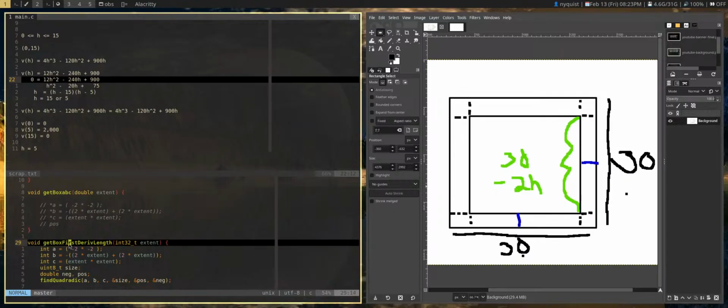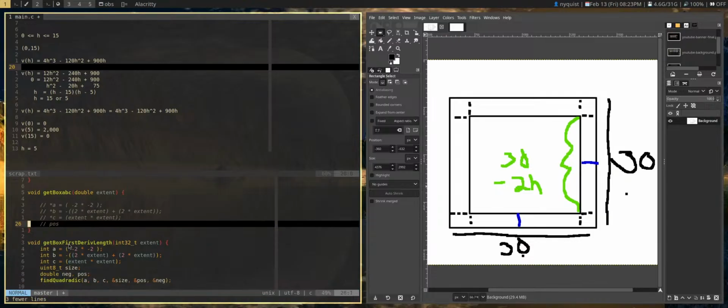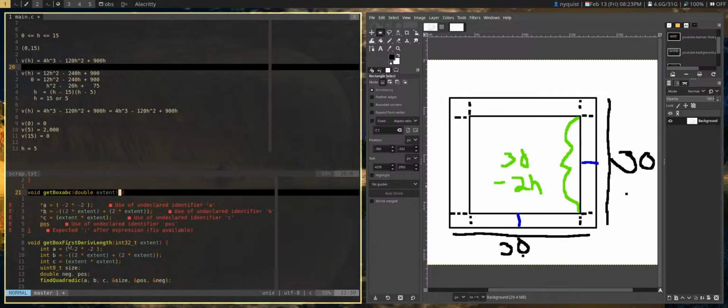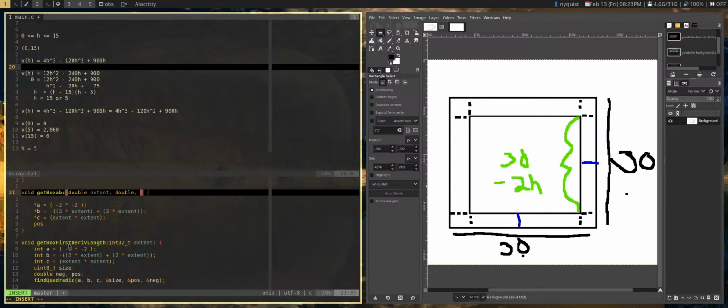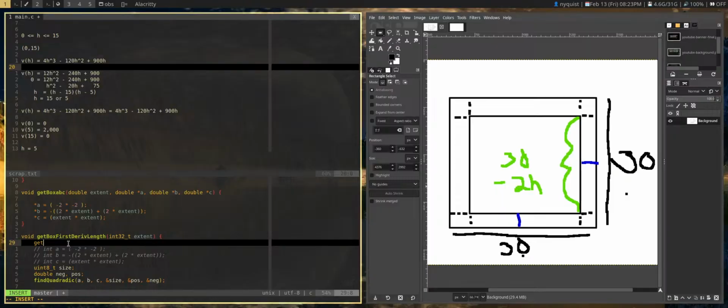Let me put this back in this function. Get box ABC extent.